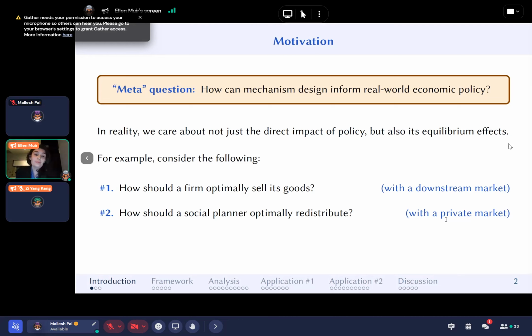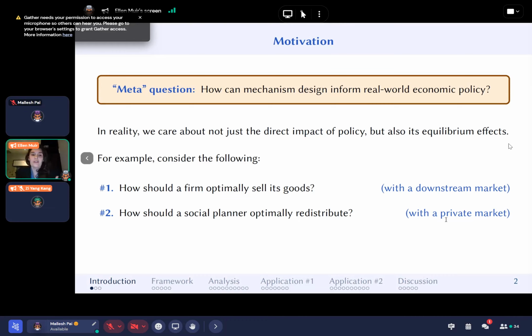The equilibrium that the planner induces in the primary market is obviously going to affect the set of transactions that take place in the downstream market, and the participants in the primary market may have expectations over what is going to subsequently happen in that downstream market.